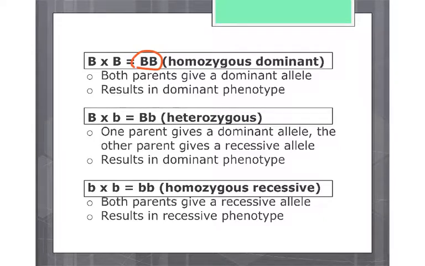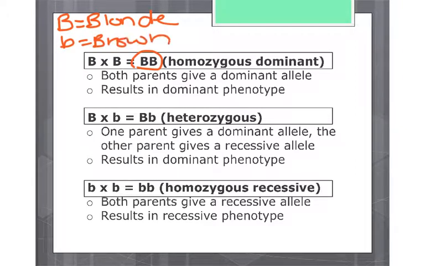Now, I know we're talking about big B's and little b's, so we're going to pick some characteristics. We're going to say that big B is representing maybe blonde hair, and little b maybe is representing brown hair. We'll make it simple. When we look at figuring out genotypes, a genotype is a letter, and in order for that trait to be in a person, we always have to have two alleles.